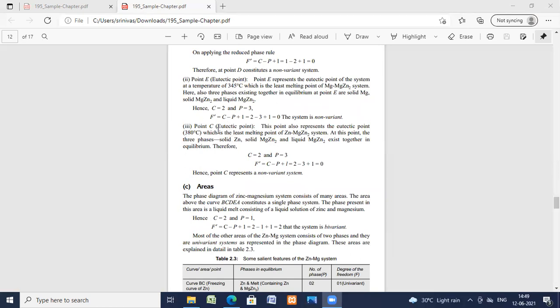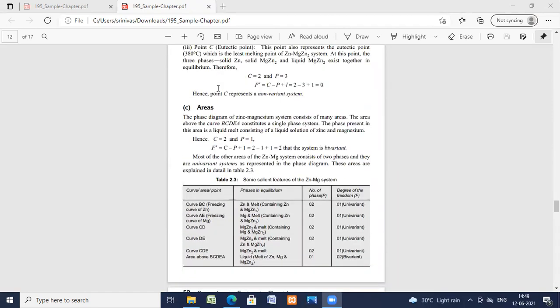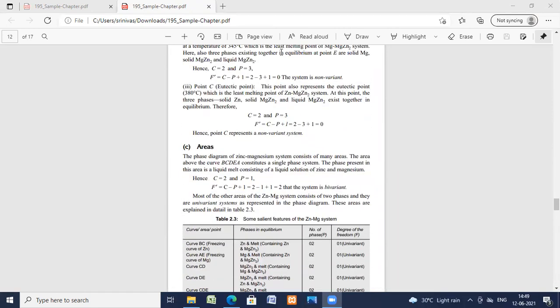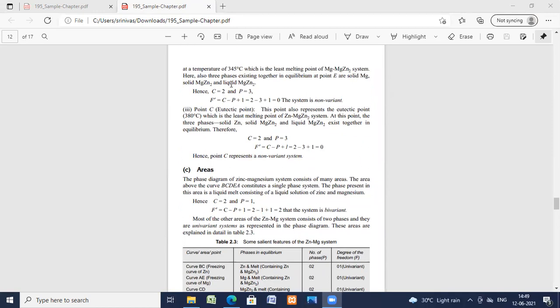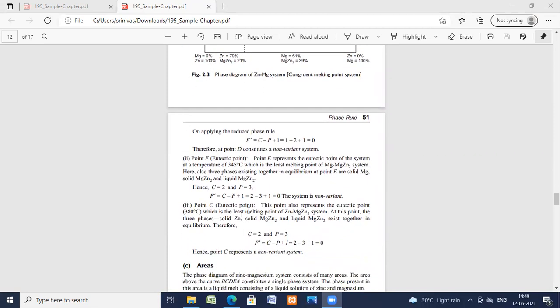Next, point C, the eutectic point C. Point C represents the eutectic point at 380 degrees. It is the least melting point of Zn and MgZn2.